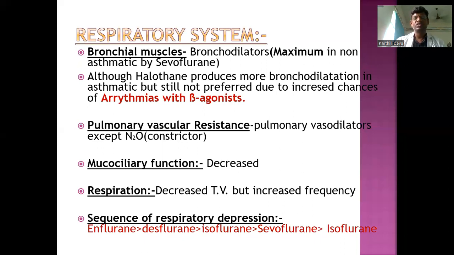Mucociliary function: it decreases the mucociliary function. In respiration, it decreases tidal volume but increases its frequency, that is, increases its rate. Respiratory depression is more with enflurane than desflurane, than isoflurane, than sevoflurane, than halothane.